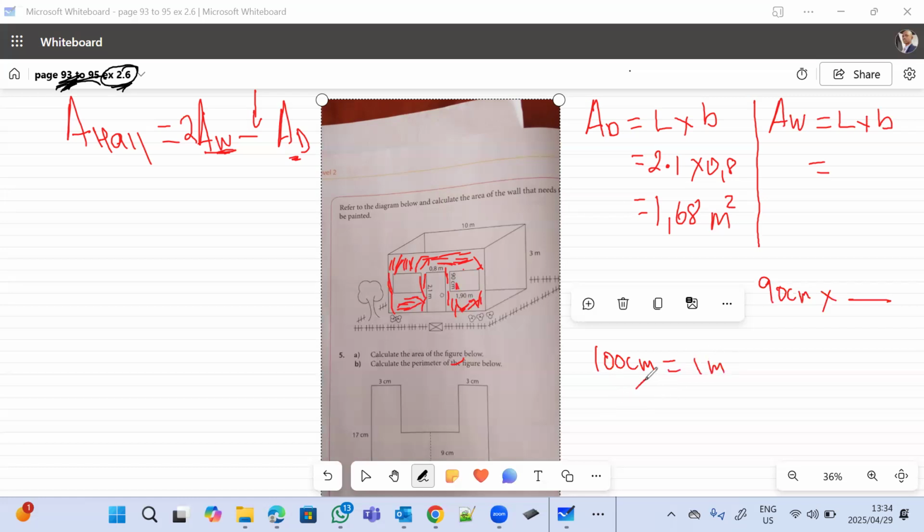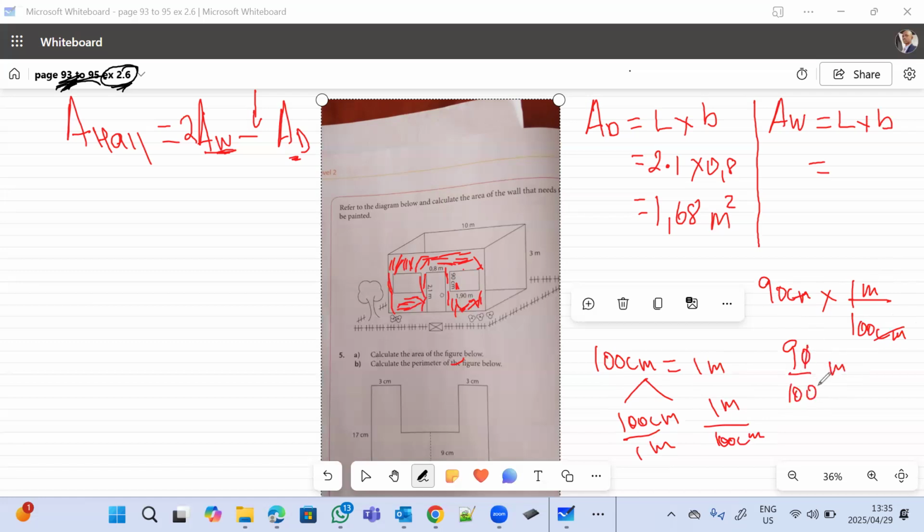This can be written as 100 centimeter equals to 1 meter, or it can be written as 1 meter is the same as 100 centimeter. So here I'm going to write 1 meter on top because it's the one I'm looking for. I'm going to put 100 centimeter at the bottom because I want to cancel the centimeters. Then I'm left with 90 divided by 100 meter.